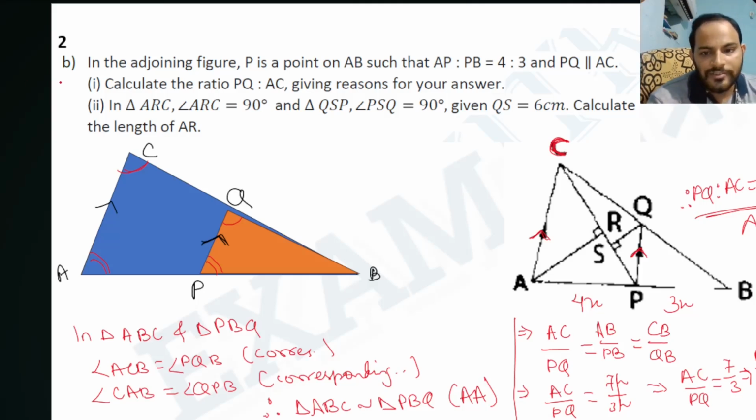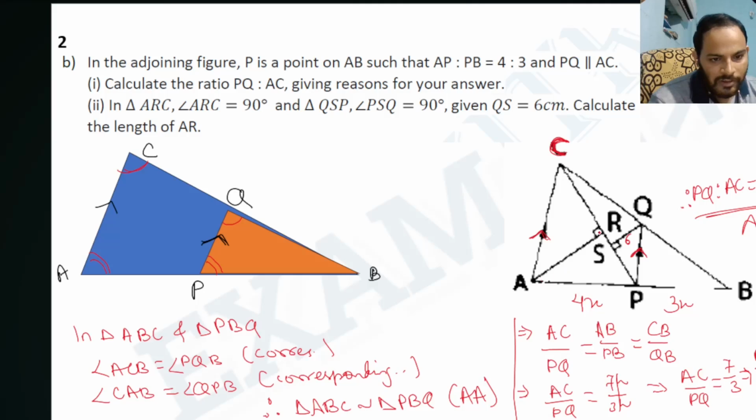Now moving to the second question. In triangle ARC, now observe this triangle ARC, angle ARC is 90 degrees, and in triangle QSP, angle PSQ is 90 degrees. So these two angles are 90 degrees each. This QS is 6 cm.